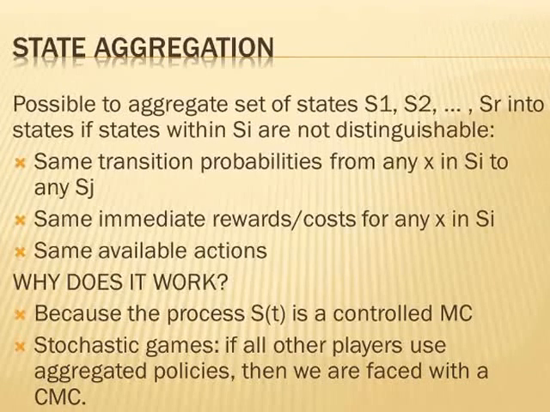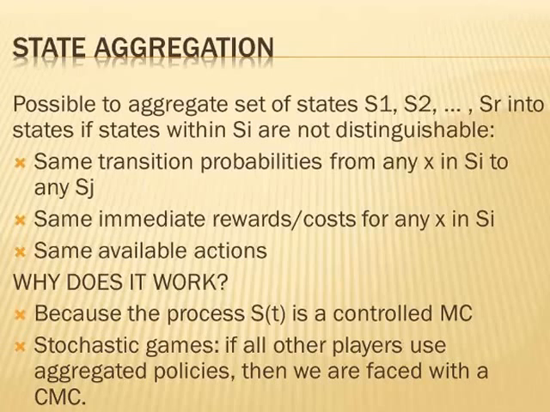Secondly, the same immediate reward or cost has to hold for every state in such a group. And finally, we need the same available actions. If this holds, then we can transform the problem into one with a lower dimensional state space.